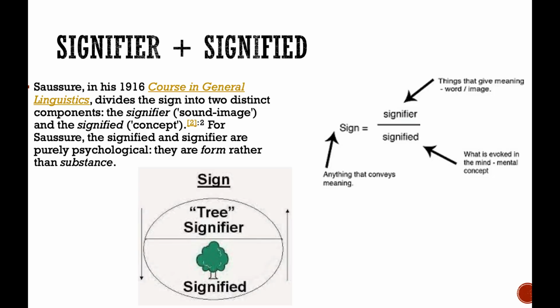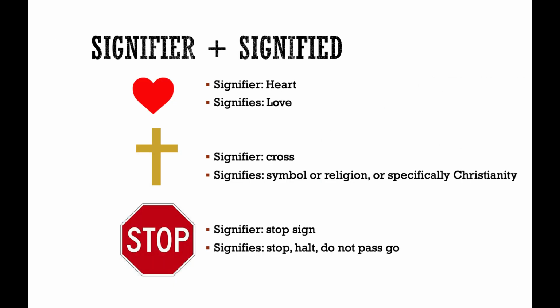We're going to talk a little bit about the signifier and the signified. At the core of semiotics are two key ideas. The signifier, this is the form the sign takes: a word, an image, a color, a shape. And the signified, this is the concept or meaning the sign refers to. For example, a heart is the signifier, it signifies love.